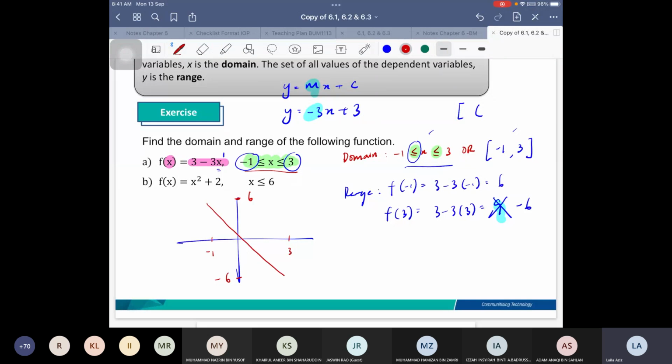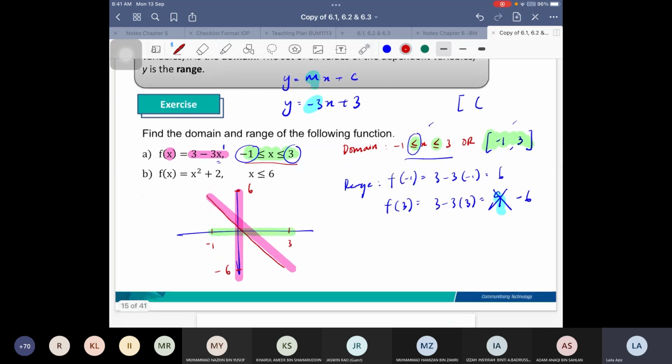So kalau kita tengok apa kita punya domain, ni adalah kita punya domain. Kalau refer kepada graph yang kita lukis ni, okay, dia masuk dalam x dekat mana? Negatif 1 sampai 3. So that is going to be our domain. And kita punya range pula, so kita punya line ni dia cover daripada 6 sampai -6. So therefore for this case, kita punya range adalah daripada -6 sampai 6.